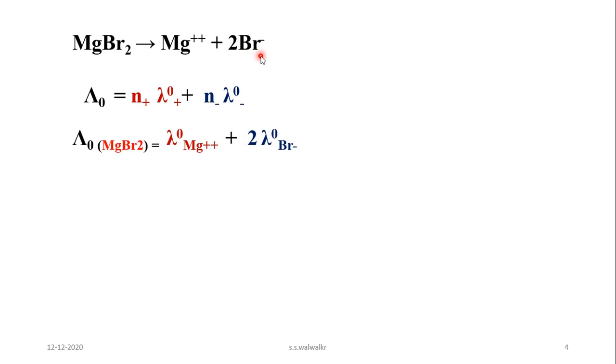MgBr2 gives Mg 2 plus ion plus 2 bromide ions, and therefore the expression for this electrolyte becomes lambda 0 of MgBr2 is equal to lambda 0 of Mg ion plus, here the coefficient is 2, that is, 2 moles of Br ions are there in MgBr2, therefore 2 into lambda 0 of bromide ion.